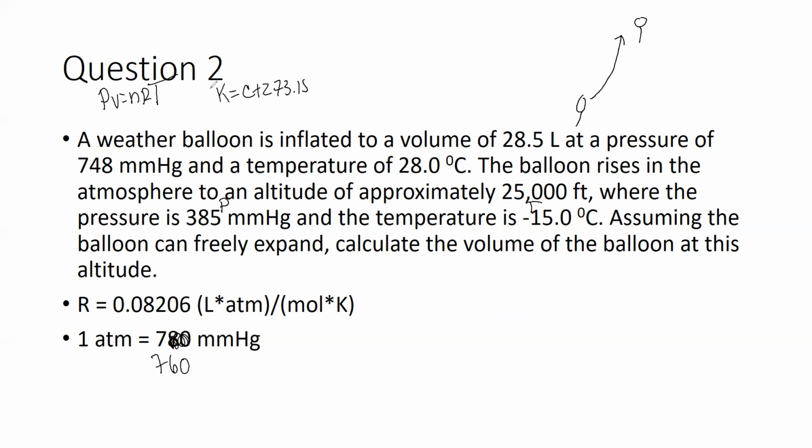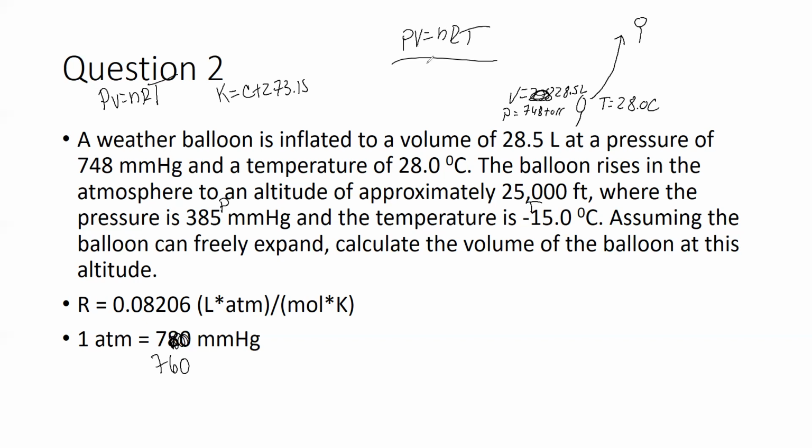So again, I have my picture here. Under my first conditions, I have a weather balloon inflated to a volume of 28.5 liters. So my volume is 28.5, my pressure is 748 torr, and my temperature is 28 C. When doing problems with gases, always keep in mind the ideal gas law.